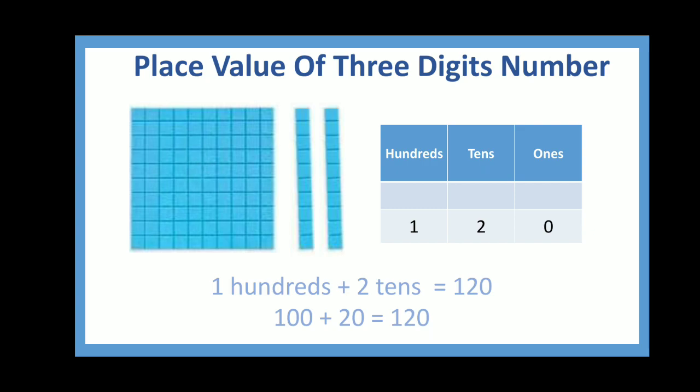Then two groups of tens are given here, which has 20 boxes separately. It means it is equal to 2 tens, and there are 0 ones. So 100 plus 2 tens plus 0 ones makes the number 120.